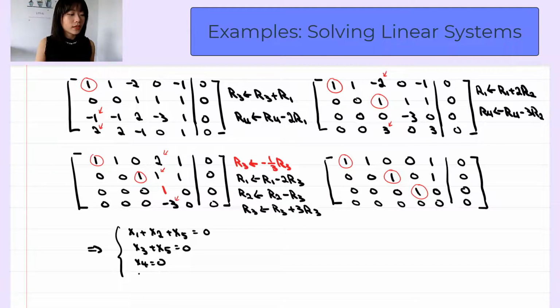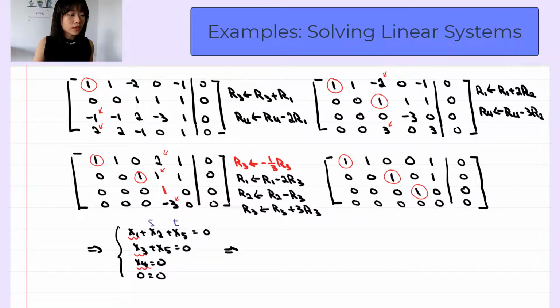And the last row says 0 equals 0, which is consistent. The 3 variables that are the pivots are x1, x3, and x4. So now I'm going to write the other 2 variables to the right-hand side, and I'm going to name them as free variables. I'm going to name x2 as s and x5 as t.